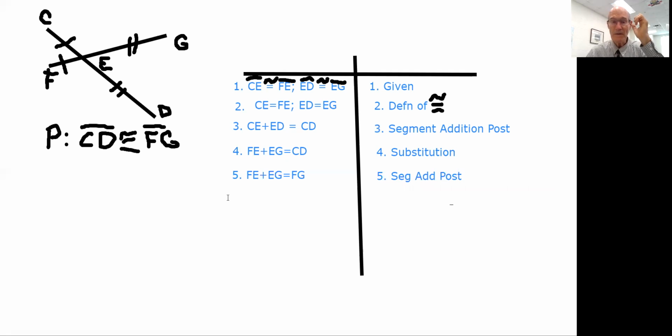So now, since I've got CD and FG both equal to the same thing, I can do CD is equal to FG, and that once again is a substitution also.